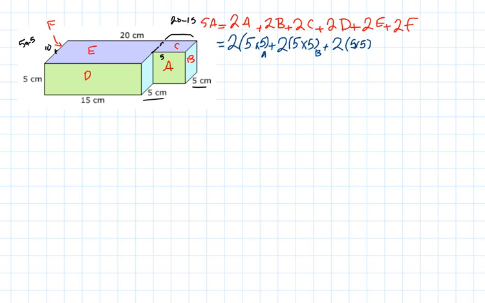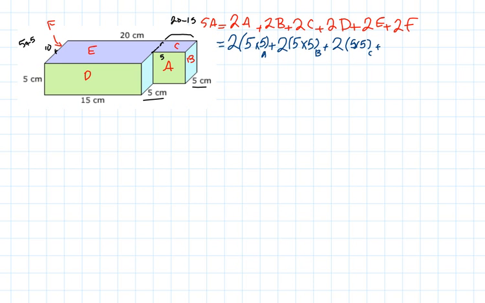So for A, this length is 5, and this length is 5. For B, this is 5, and this is 5, and for C, this here is 5, which is the same as the bottom, and this one here is 5, as we calculated earlier. So that is our C.